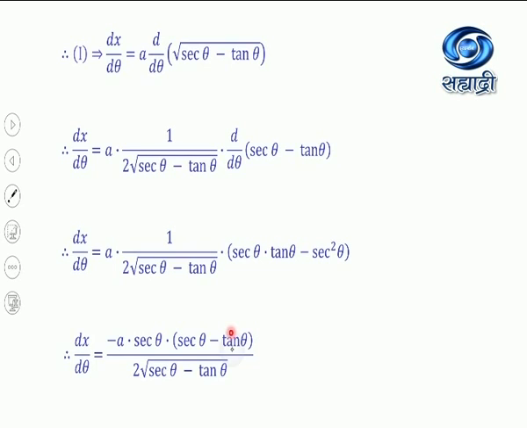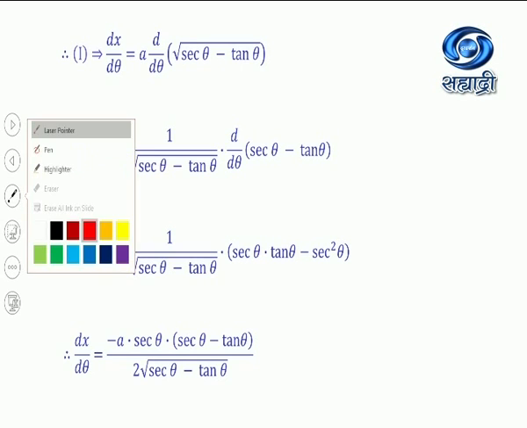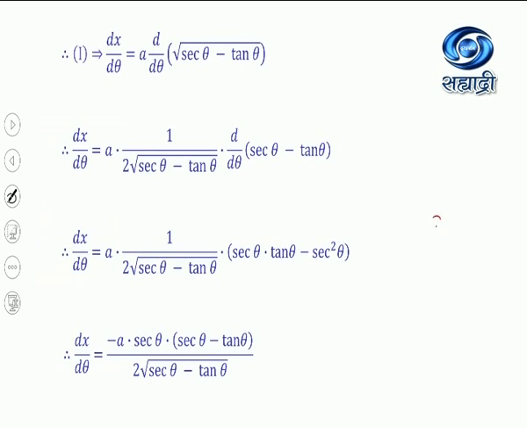Remember this thing: because we take the minus sign as common, we change the order of the first and second term and we write sec minus tan. And you know very well, students, x upon root x can be written as root x, and 2 upon root 2 can be written as root 2.